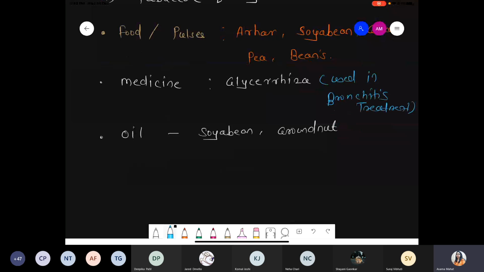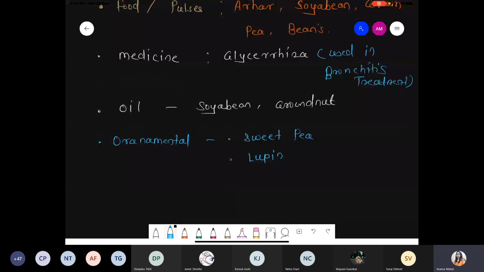Sometimes you can use them as an ornamental. You know very well ornamental means they have some attractive leaves or some attractive parameters. That's why they act as an ornamental. In case of the ornamental, one example, sweet pea. Another example, lupine. So sweet pea and lupine are examples for the ornamental.